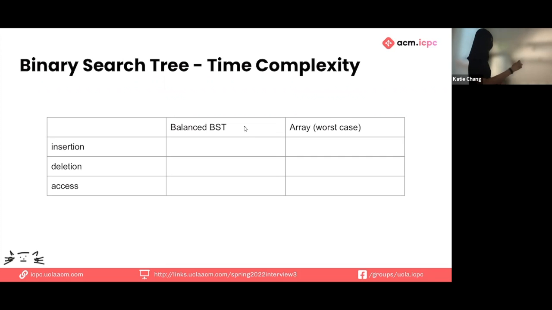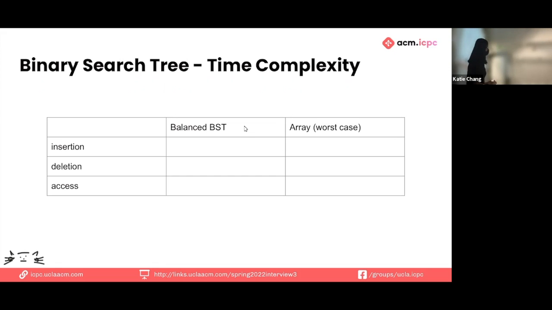We need to follow its property where our right node has a value greater than our current node, which has a value greater than our left node. So we need to first find its placement and then insert it, which will take us log n time because we need to traverse through the tree. But each time we can just take a subtree, because the subtree also has the same property.